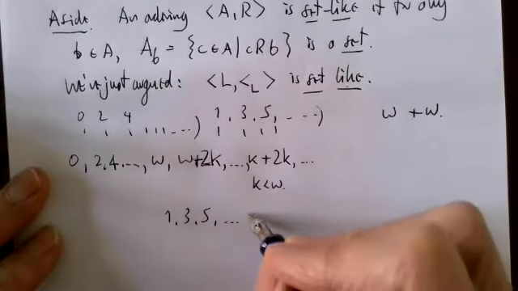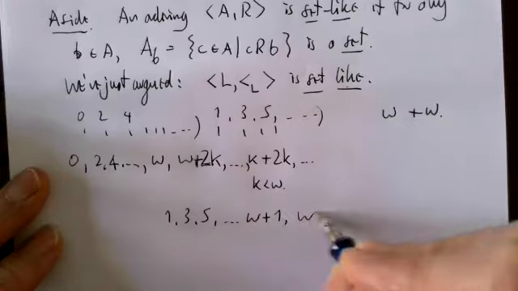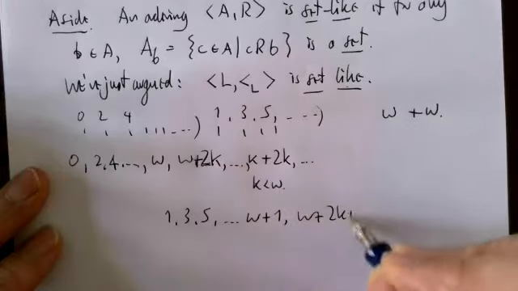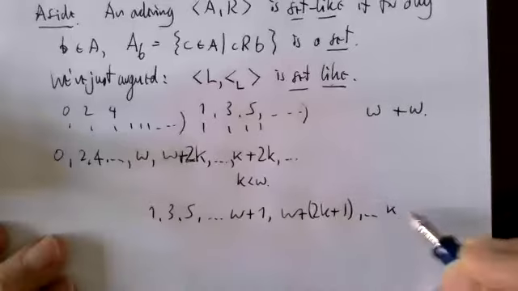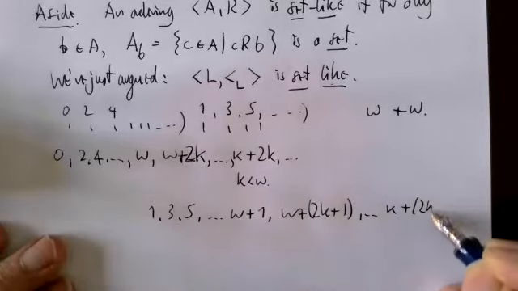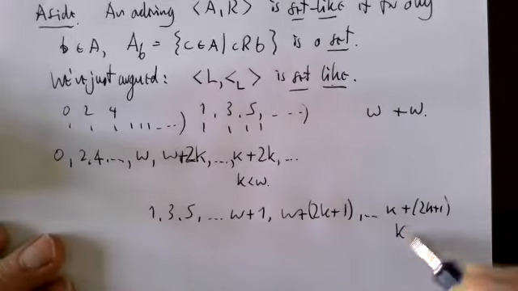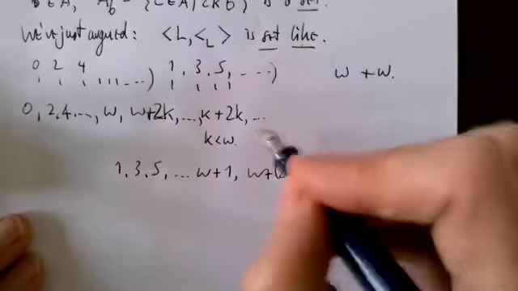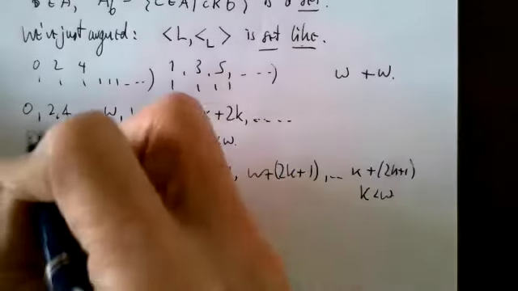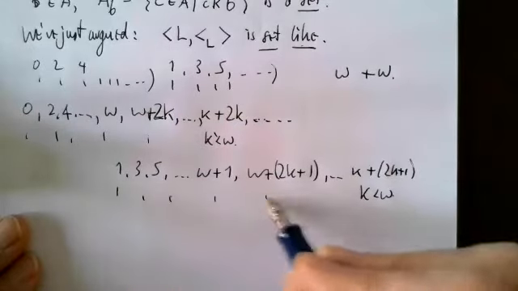Now omega is not in there, but omega plus 1 is in there, and omega plus 2k plus 1, and in general something plus 2k plus 1, k less than omega. I could imagine a picture that's like this, followed by this.